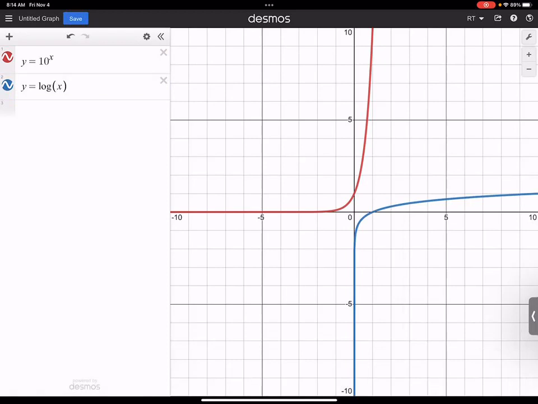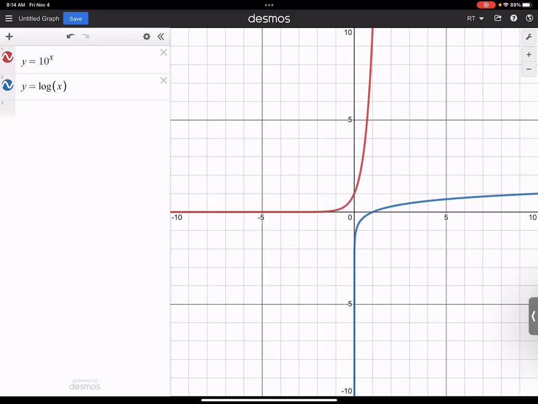So what happens to the domain and the range and the asymptotes and the intercepts and all that stuff? They're not the same as the exponential, right?